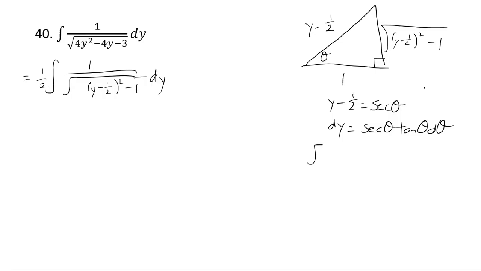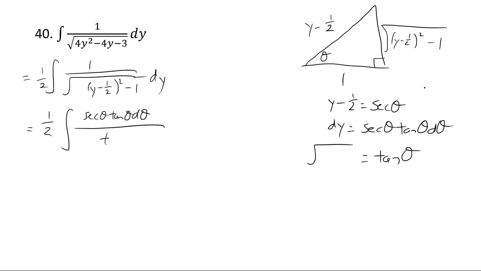Okay, and then we need the square root term. What's the square root term? That is tangent theta. So we have half the integral, dy is secant theta tangent theta d theta, that's all on top. And the square root term we said is tangent theta. So these tangents cancel. We're left with just secant theta d theta.